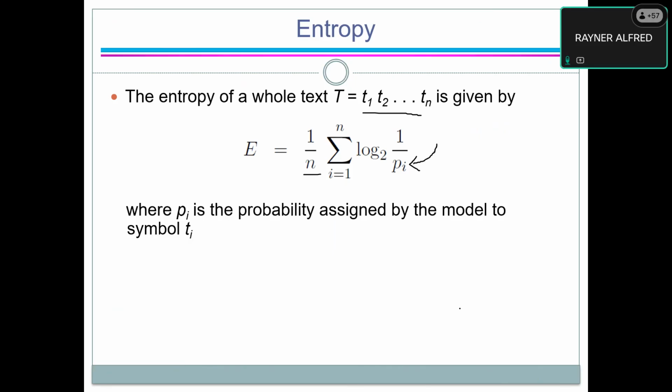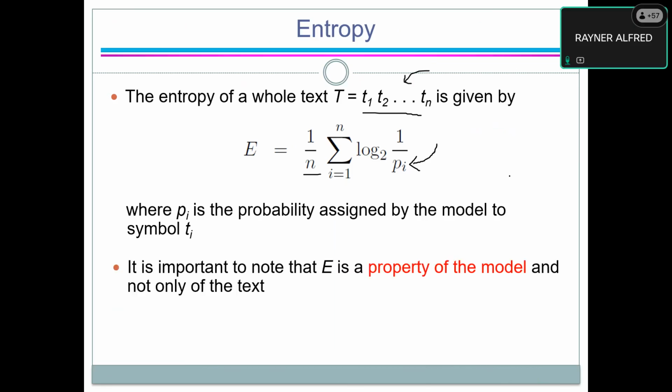Where p_i is the probability assigned by the model to the symbol t_i here. It is important to note that E is a property of the model and not only of the text. So what we want to say is that E is actually the model that we use to say how much information we can get from a certain term.